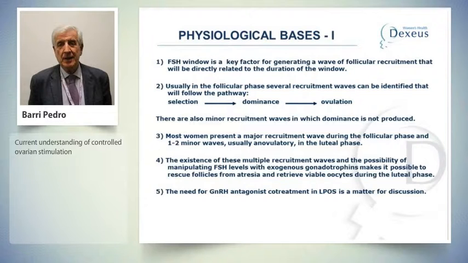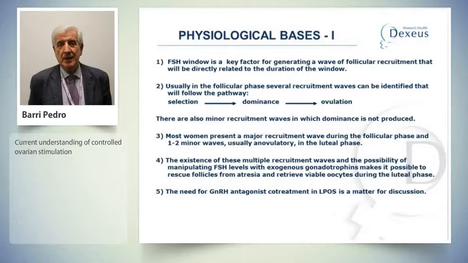We know the concept of the FSH window exists, but we can now manipulate this FSH window better than before, because we know that during the follicular phase, during the classical FSH window, there were different waves of follicular recruitment directly related to this FSH window.